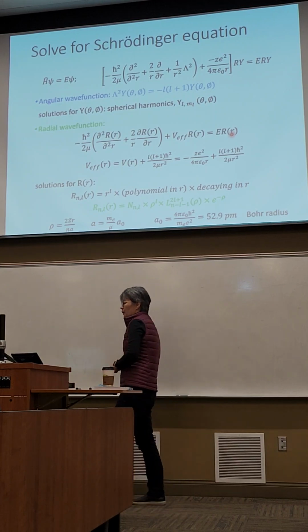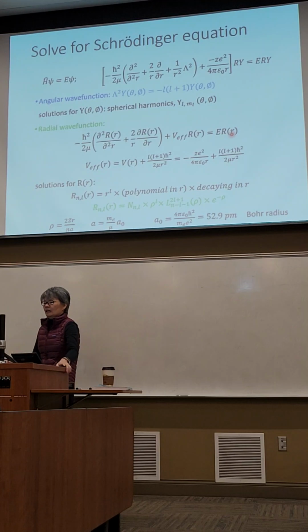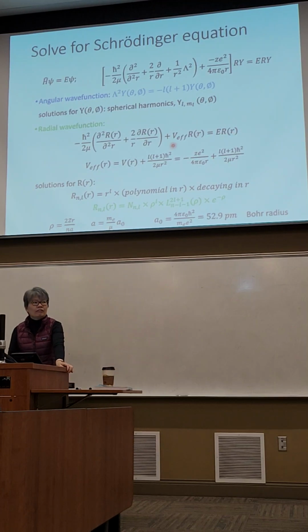Okay, but I want to draw you guys' attention. Here the V is the V effective, okay? That's not the potential energy. The potential energy for the system is right here. That is the potential energy for the system.